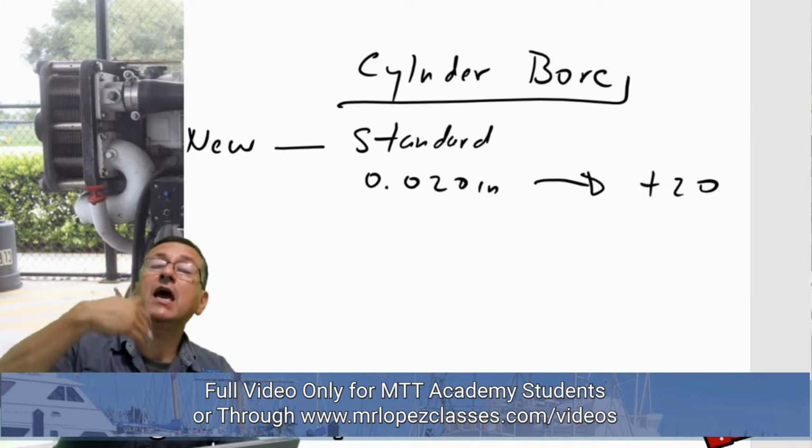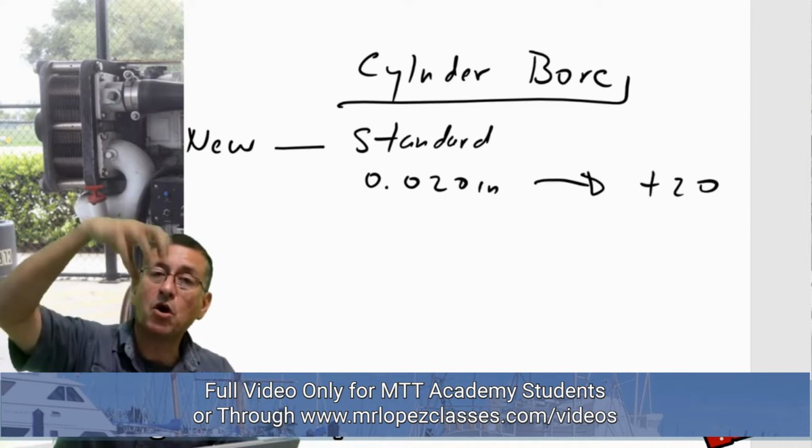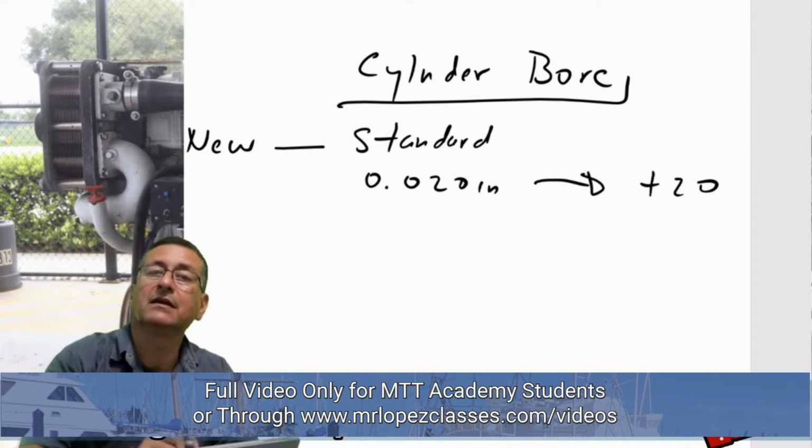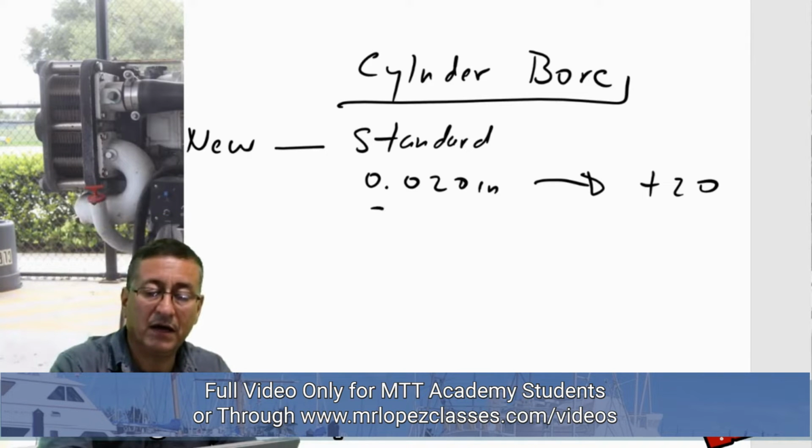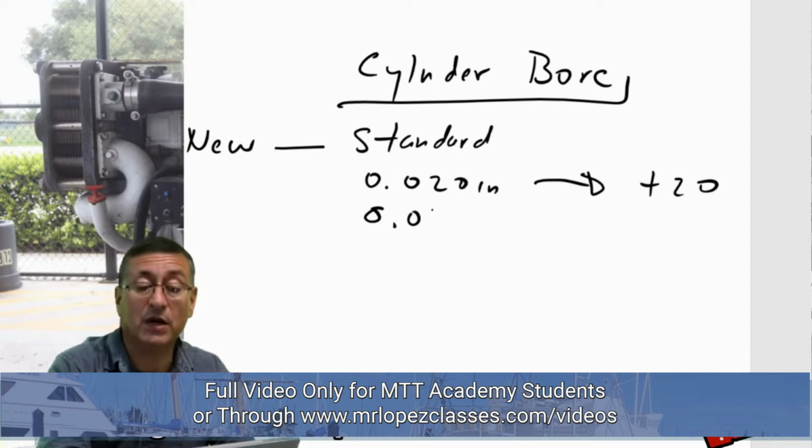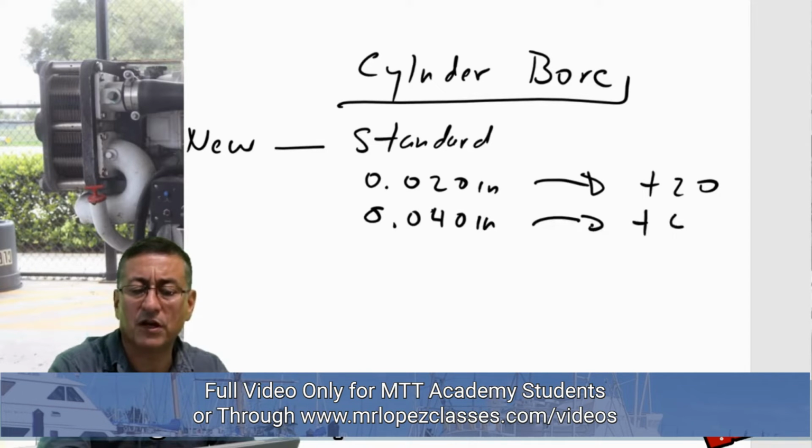When you send the block again to the machine shop to bore again, they remove another 0.020, and right now the block is 0.040 inches. And you say, oh, my block is +40.